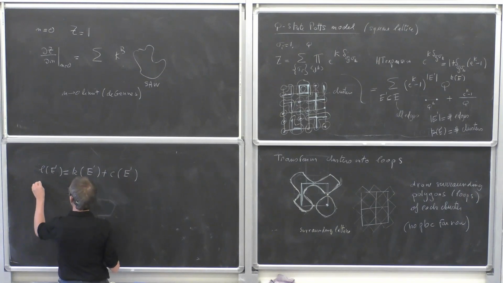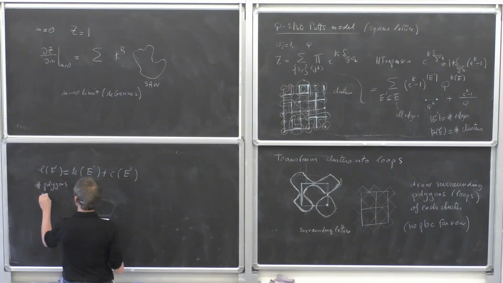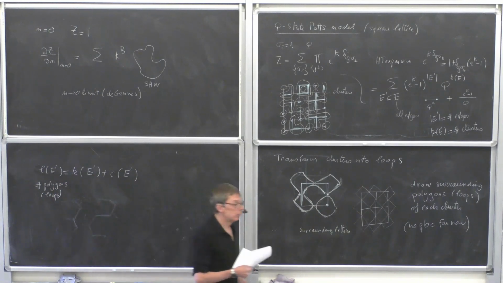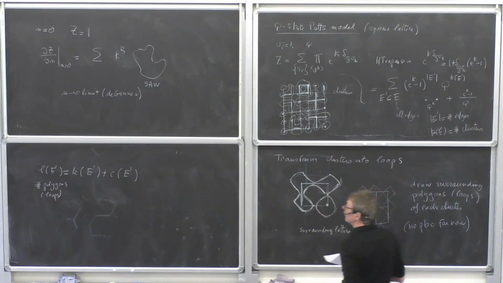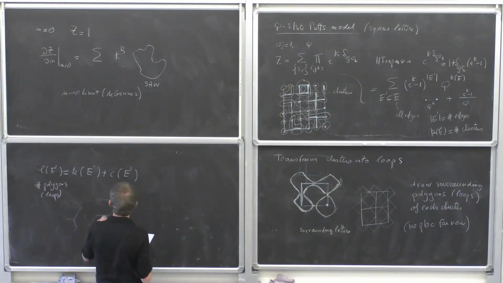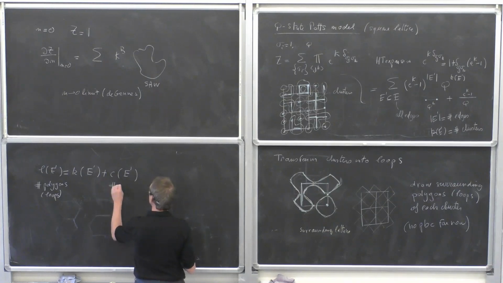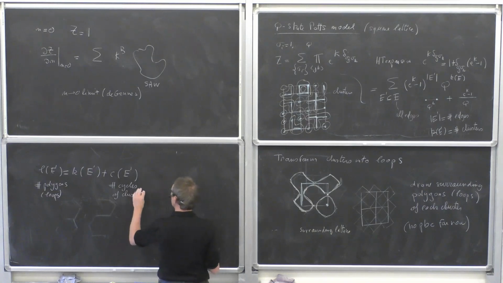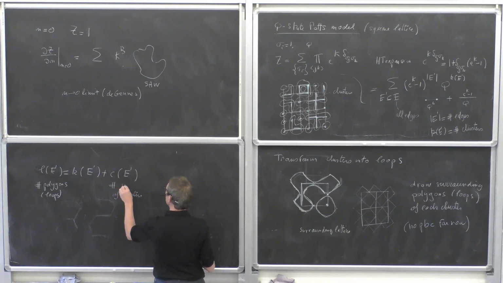L will be the number of polygons or loops for a given diagram. K I defined is the number of clusters, and C will be the number of cycles of the clusters. I should say independent cycles.